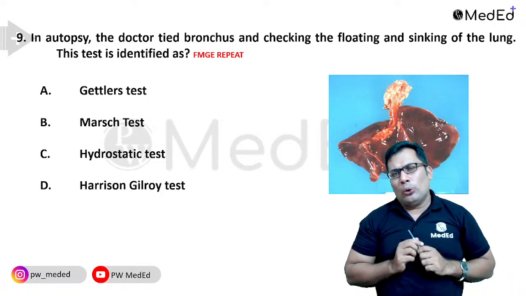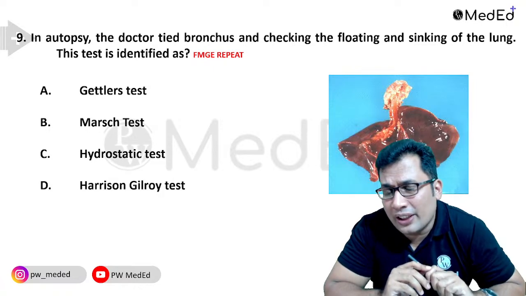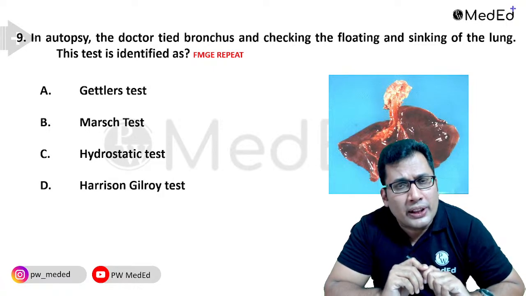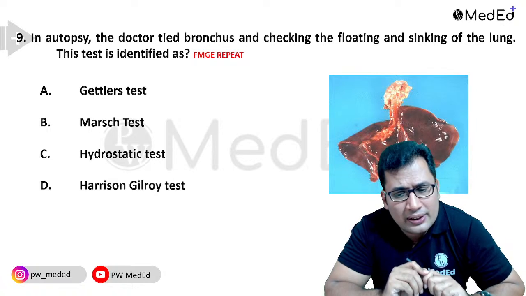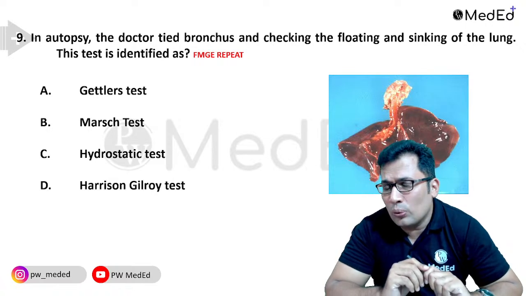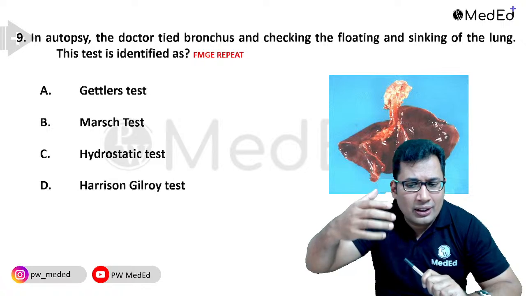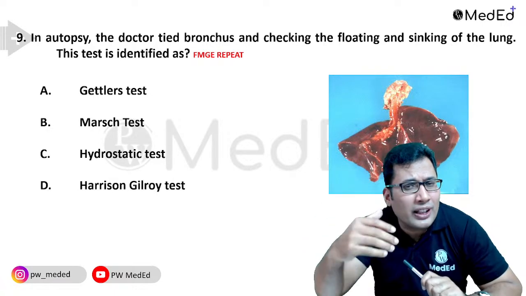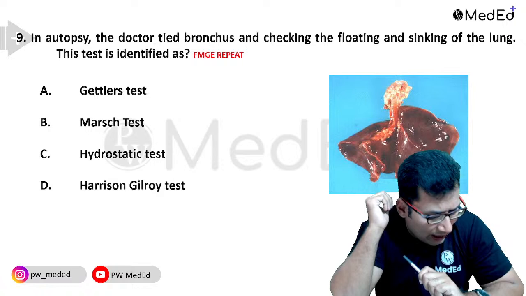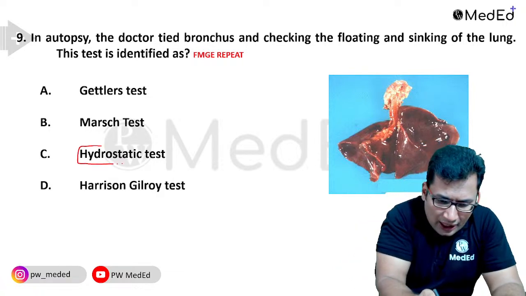Yes. Look at this. This question is about live birth or stillbirth or dead born. In autopsy, the doctor ties the bronchus and checks the floating and sinking of the lung. What is this test known as? So the doctor tied the bronchus and is checking whether it is floating in the water or not. So this is known as the hydrostatic test.